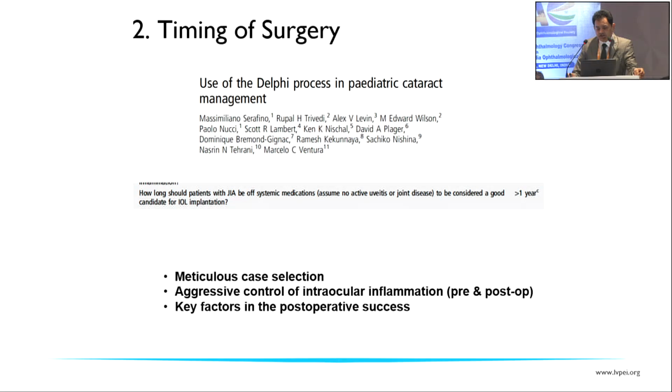Regarding timing of surgery, what we did, way back I think 6 or 7 years ago, was develop a Delphi process for pediatric cataract management. All the experts were asked one question: how long should patients with JIA be off systemic medication to be considered a good candidate for IOL?